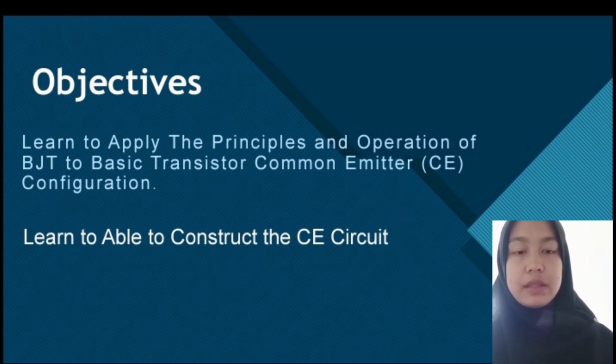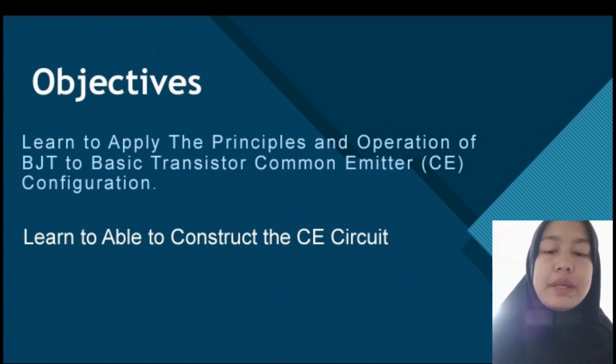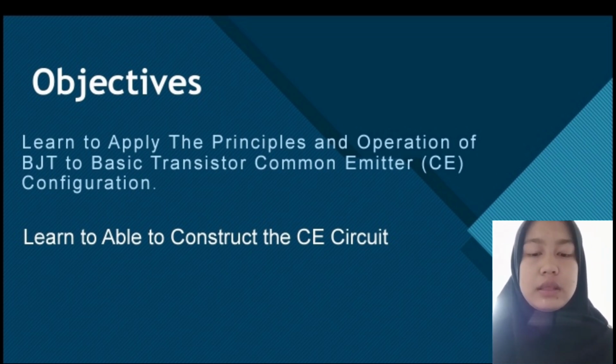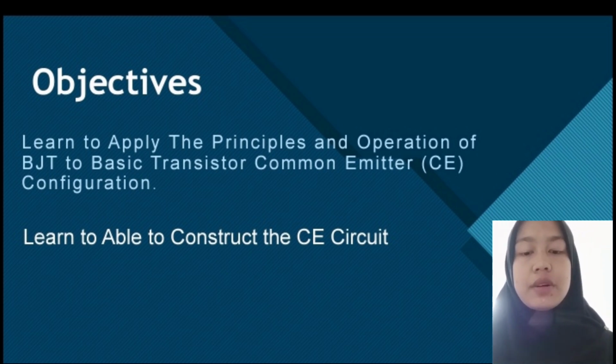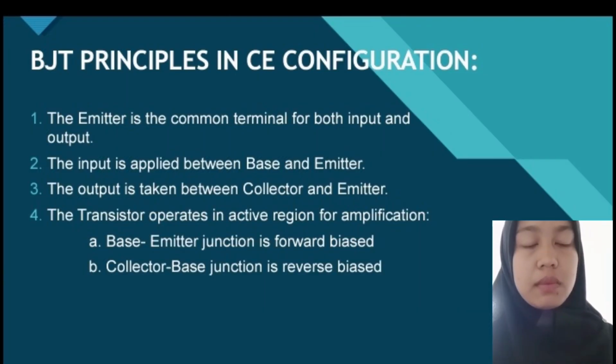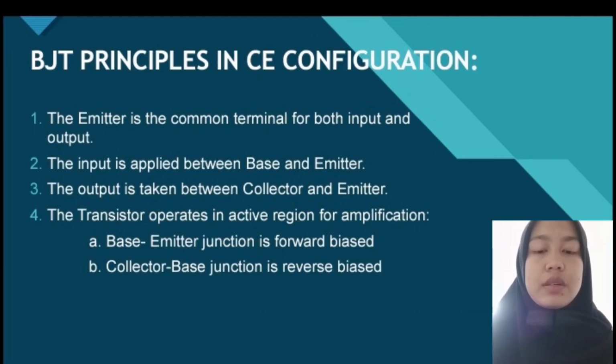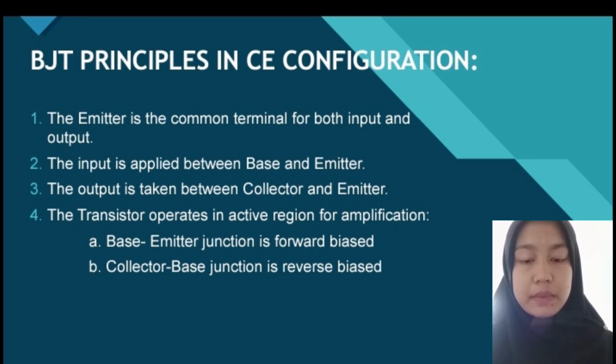Okay, good morning. Today I want to present about BJT. The objective of BJT is to learn and apply the principle of operation of BJT in the basic resistor common emitter CE configuration. So BJT has a principle in configuration. First of all, the emitter is the common terminal for the input and output.